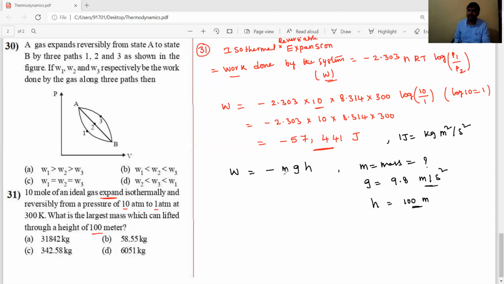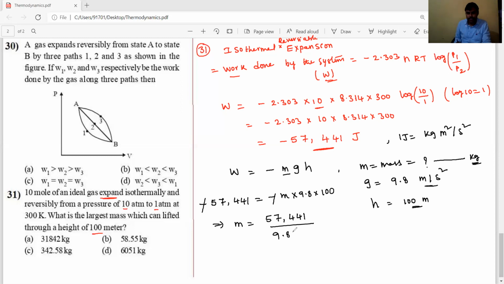Then the mass will come in kgs. Work is equal to minus 57,441 is equal to minus m into g value 9.8 into height 100 meters. Then the minus will cancel, and m is equal to 57,441 divided by 9.8 into 100.